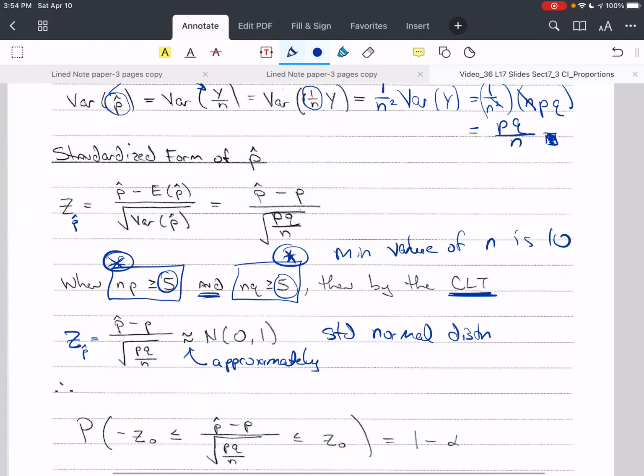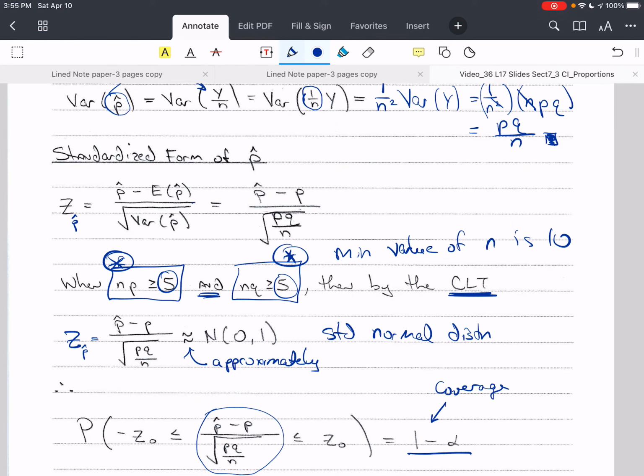Therefore, we're going to derive the confidence interval the same way we did before. Since we know that Z has an approximate standard normal distribution, we can say the probability that capital Z, our standardized form, is between negative z naught and positive z naught, we set that probability equal to 1 minus alpha, which we call the coverage probability.